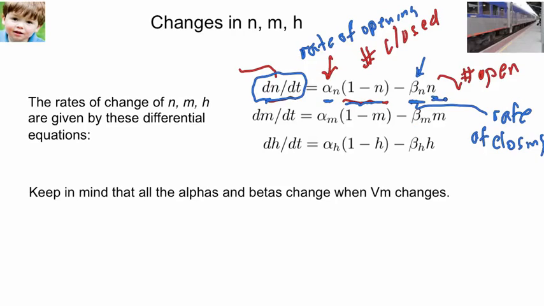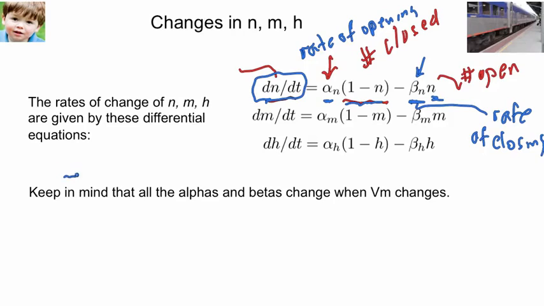You have a lot of channels that are open. As time goes by, some of the open channels close. And as time goes by, some of the closed channels open. Think back to the pictures that we were seeing of individual channel function. We saw those last week. You remember that they were up and down and up and down.